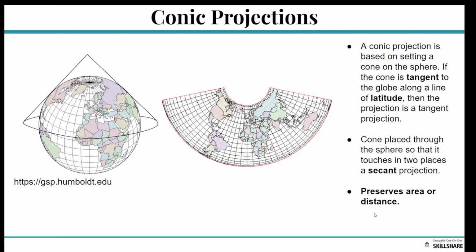And with that, we are able to preserve the area and distances. So with conical projections, we are able to get the area and distances. These things are very important because when you are choosing your coordinate system for analysis, you need to think ahead of time.